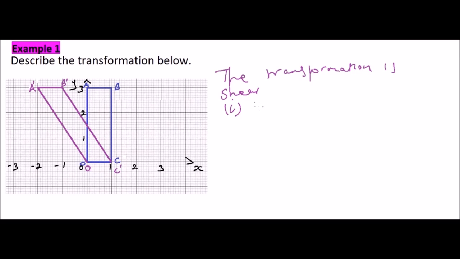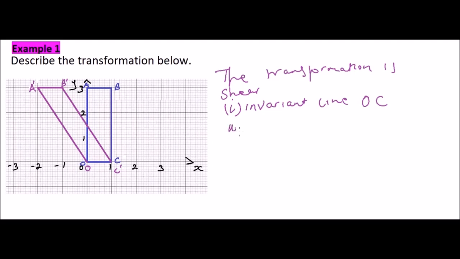One, we need to describe the invariant line. The invariant line is the one that does not change or is shared by both the object and the image. Our invariant line here is OC.